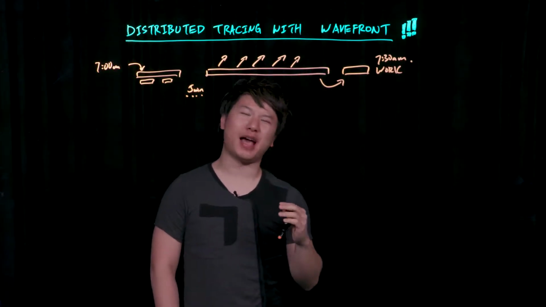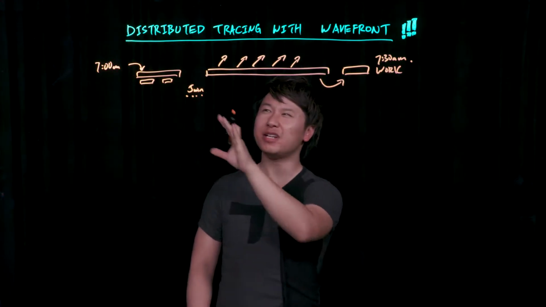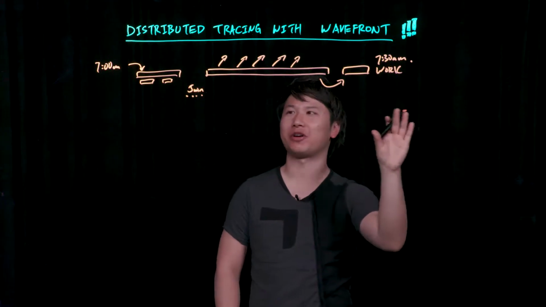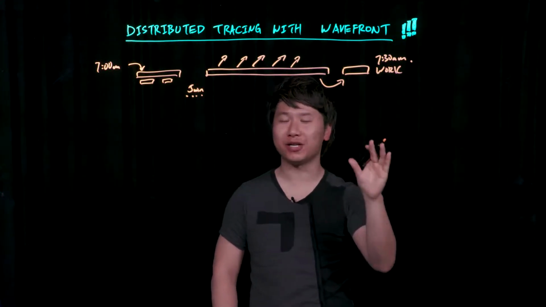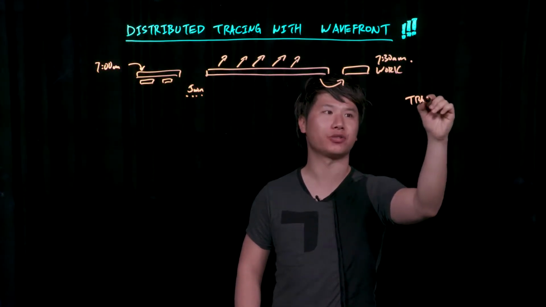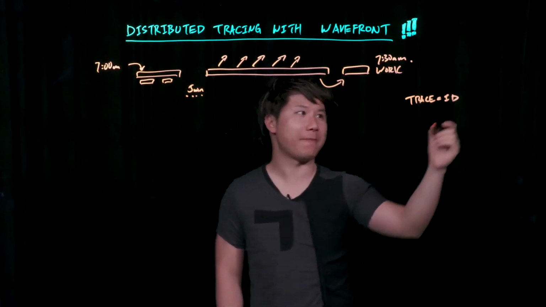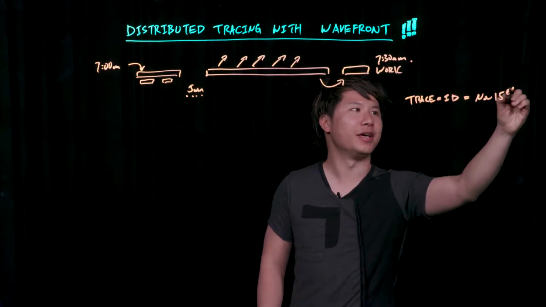All of this can actually be modeled as a distributed tracing problem. You have a single, I don't want to say transaction, but a single activity that's going on, and you globally want to identify this with a single unique ID. In the context of distributed tracing, it's called the trace ID. So let's say this is your November 15 morning commute.